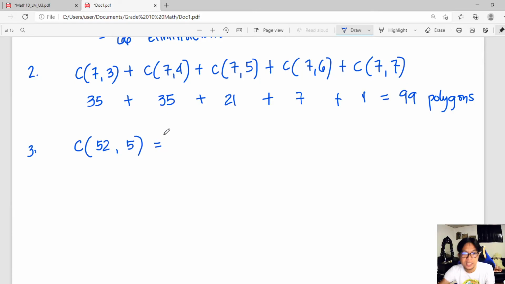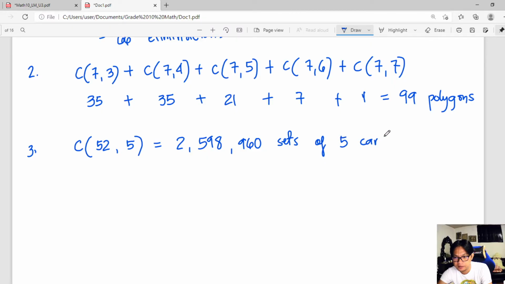So the answer is 52 combination 5. So the answer is, so medyo malaki ang sagot dito, no? So 2,598,960 sets of cards, of 5 cards.